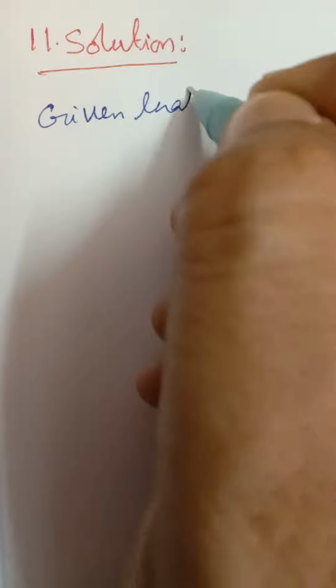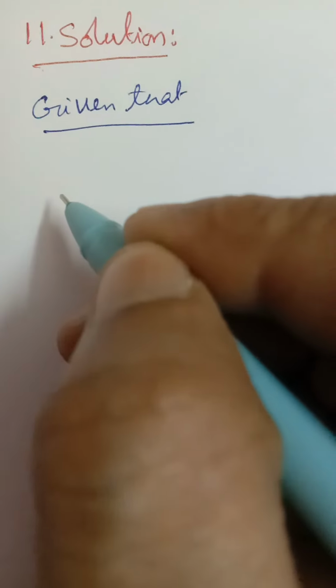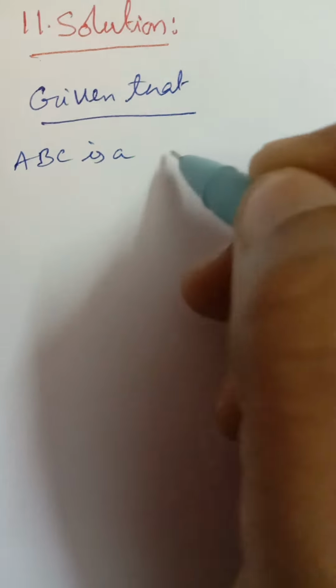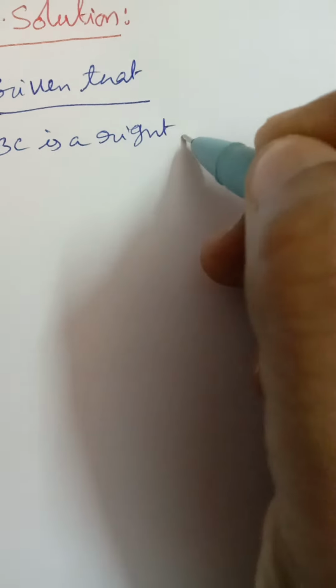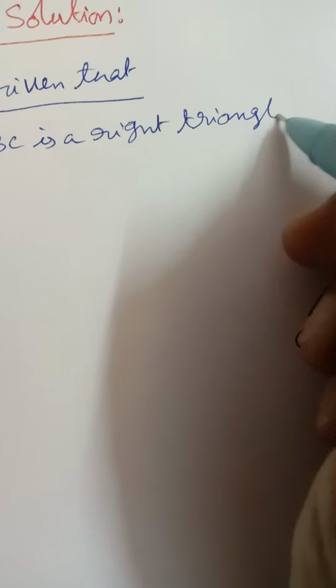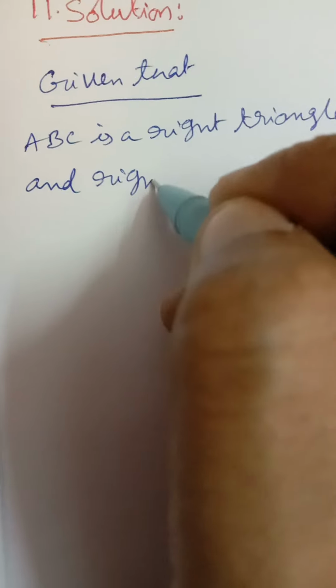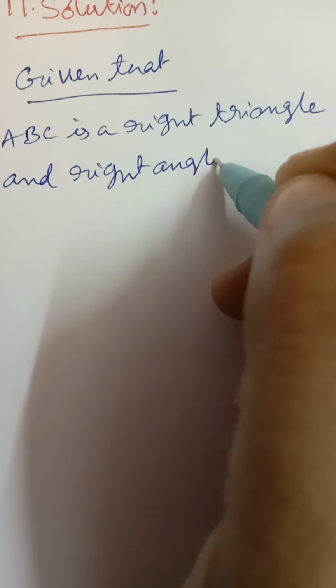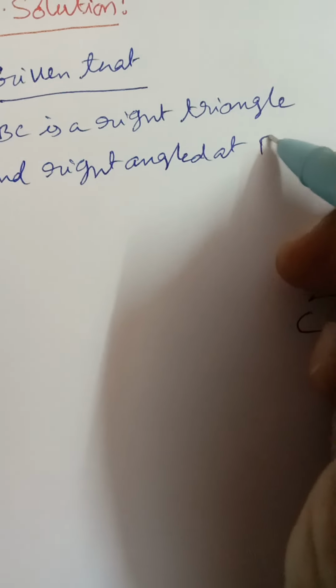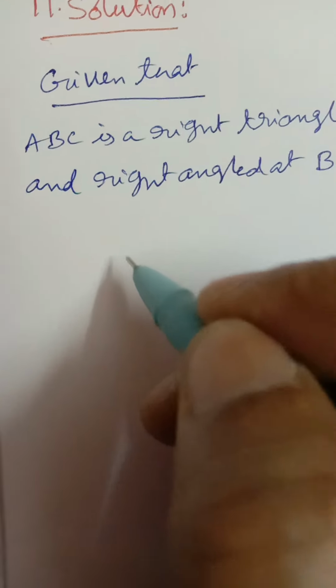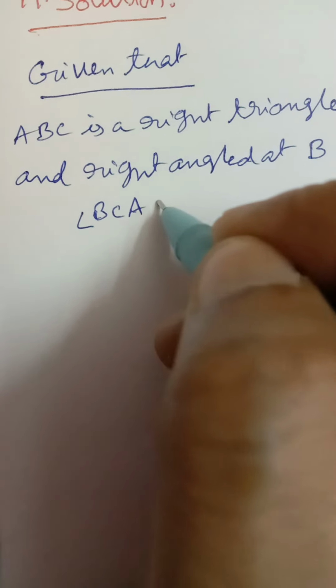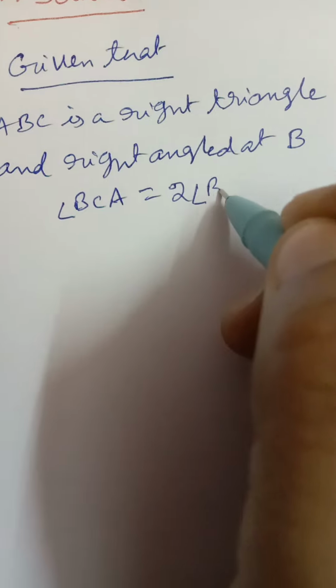Solution. Given that ABC is a right triangle, right angled at B. Angle BCA is equal to 2 angle BAC.